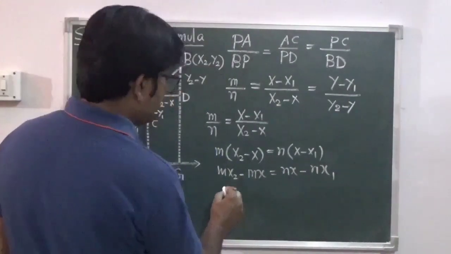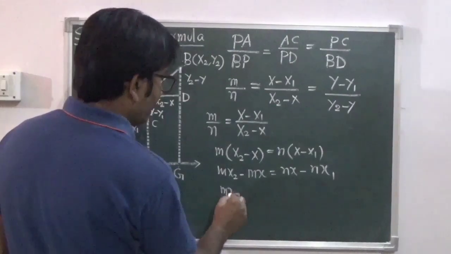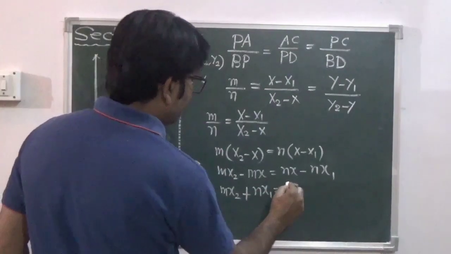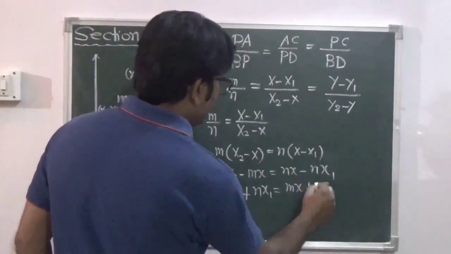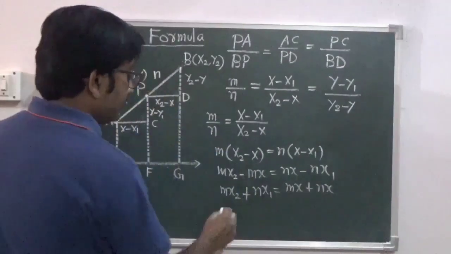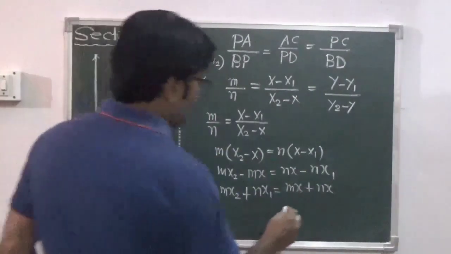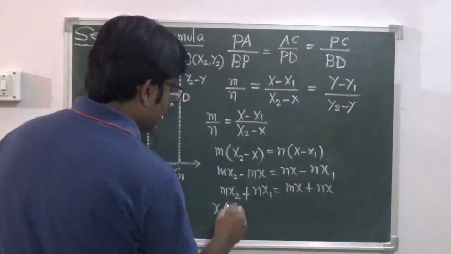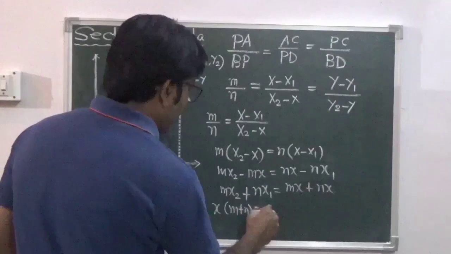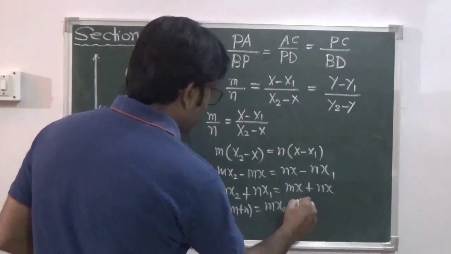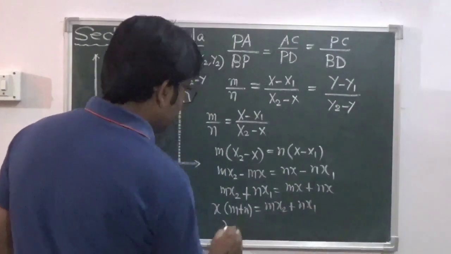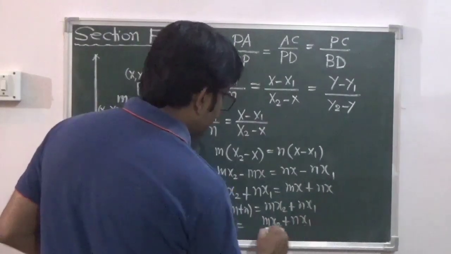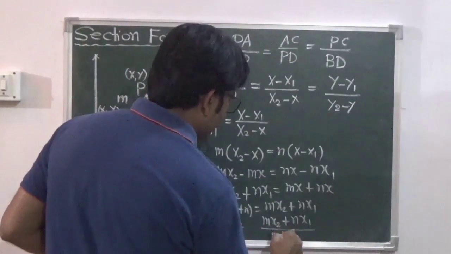So mx2 plus nx1 equals mx plus nx. If you take x common, we have m plus n times x equals mx2 plus nx1. So x is equal to mx2 plus nx1 by m plus n.